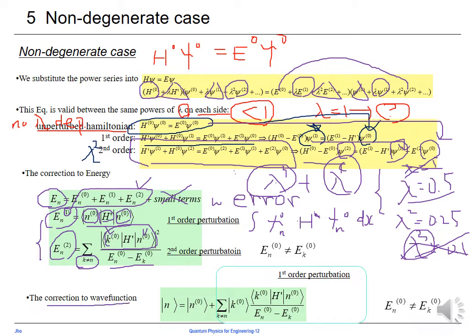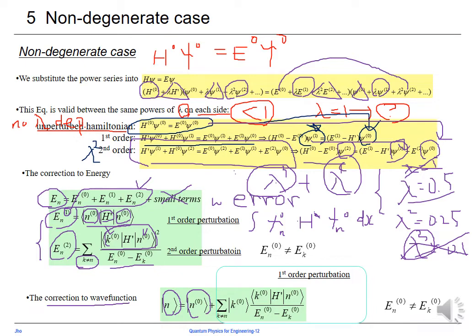For the correction to the wave function, so zeroth order, and this is the first order term. So there could be second order term, third order term. You can calculate that, but it is rather complicated. So we'll stop here.